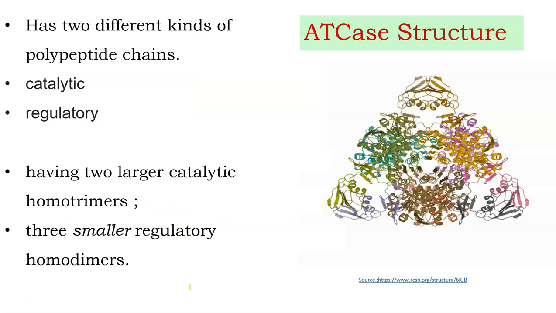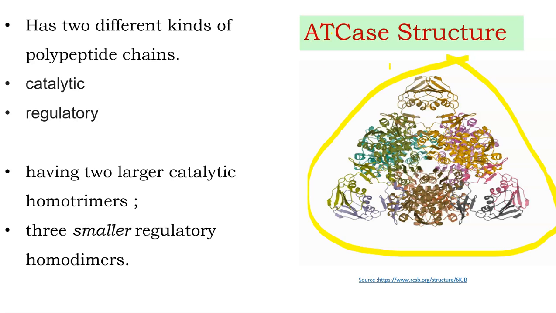Here, this enzyme ATCase, or aspartate transcarbamylase enzyme, is very important in regulating the formation of CTP and UTP. This enzyme has two different kinds of polypeptide chains. One type is called catalytic polypeptide chains, another kind is regulatory polypeptide chains.